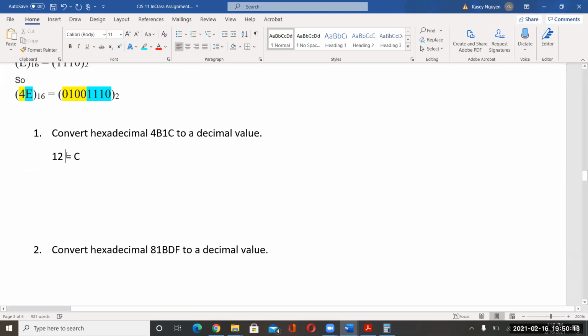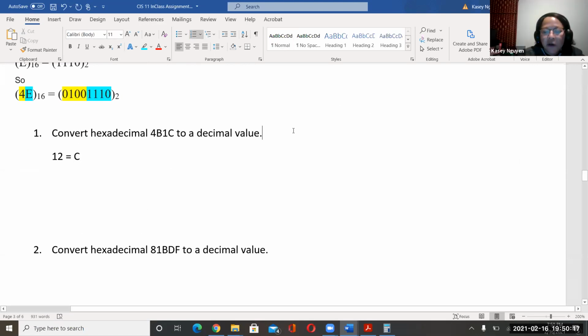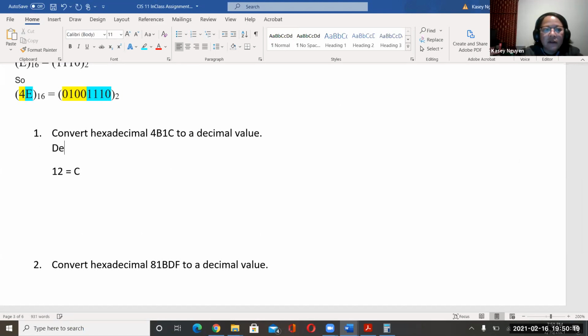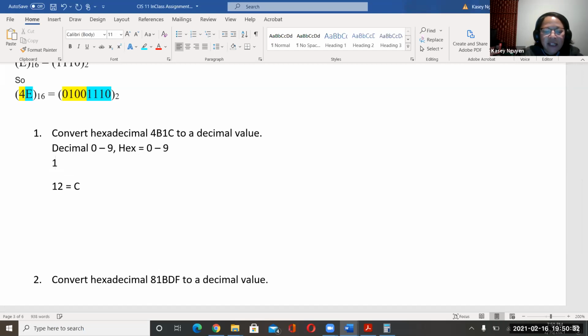Wait, can you go over the A, B, C, D? Yeah, I didn't catch it. So in decimal, if it's 0 through 9, your hex is also going to be 0 through 9. It's the same, right? But when you have a 10 in decimal, that's going to be an A in hex.